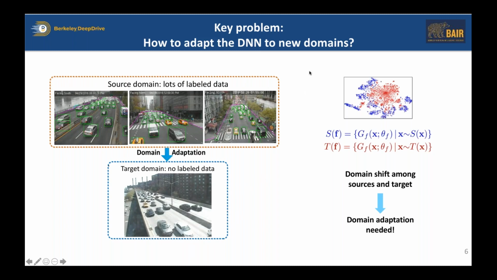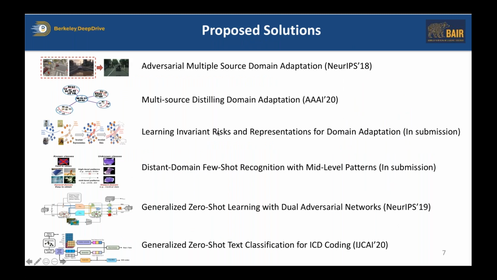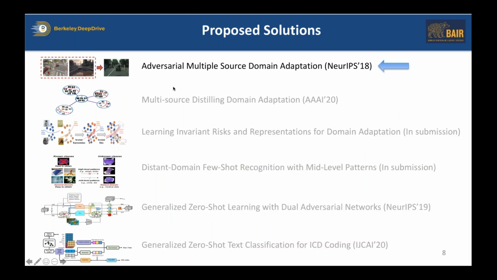Such a problem calls for research on domain adaptation. So today, I will introduce a series of research that deals with such domain shift problems. I will first introduce our work on adversarial multi-source domain adaptation.